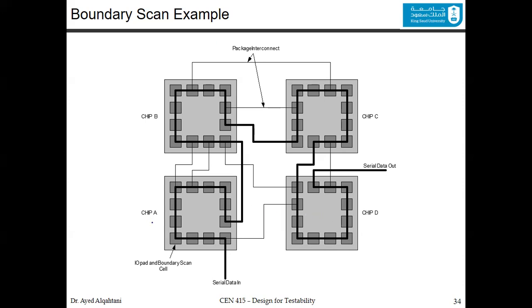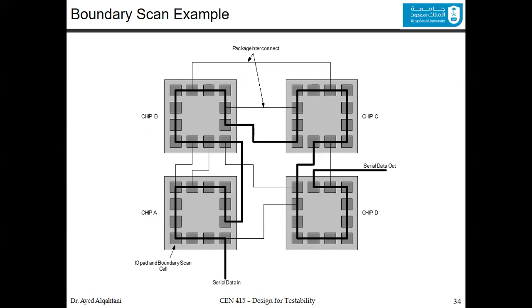Now, if you have, in this example, chips A, B, C, and D with certain connectivity to do the functionality of the chip, you can use the serial data in and plug it in within all the pins by a number of clock cycles equal to the number of pins in all the chips.